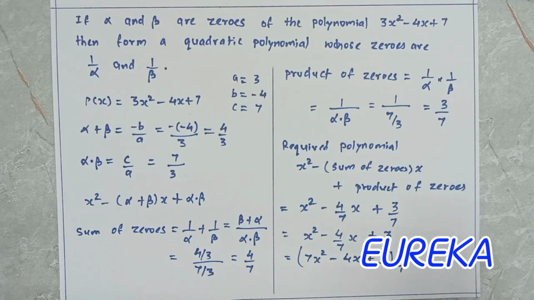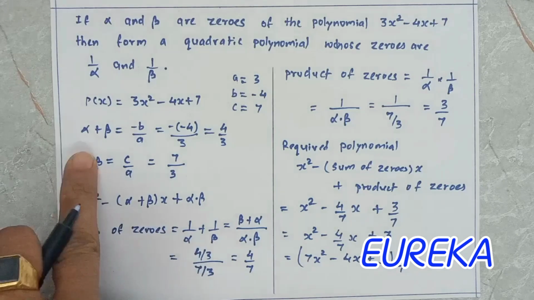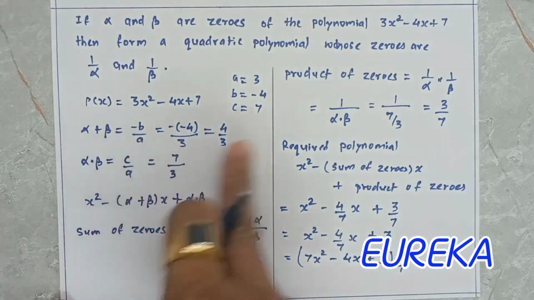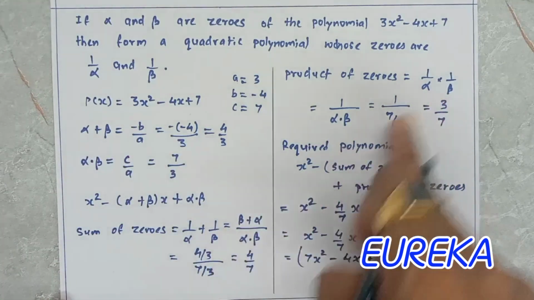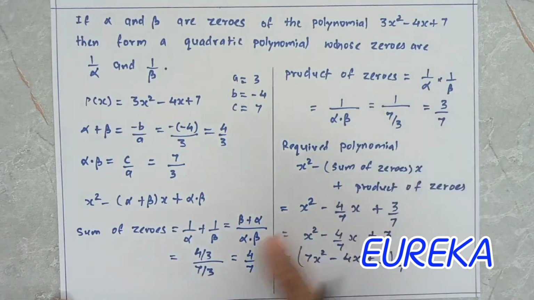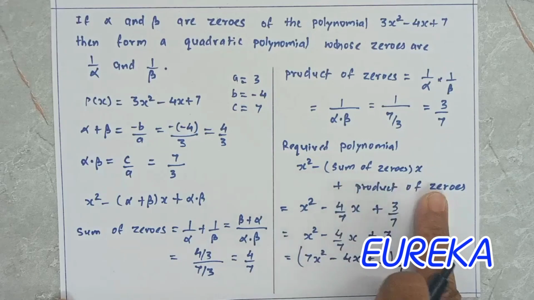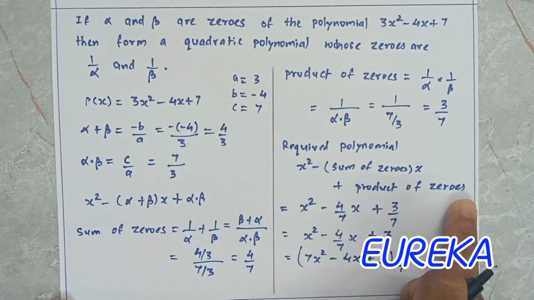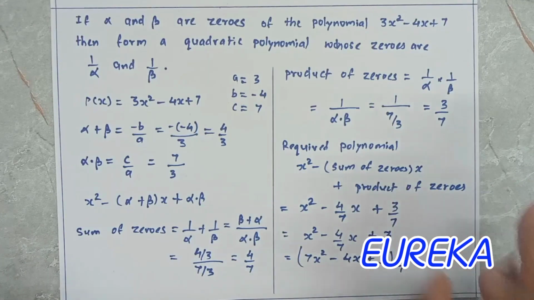You can see what I did: we have just represented the relation in the form of the new zeros, alpha plus beta and alpha into beta, and just substituted those values in this equation, and we get the required polynomial.